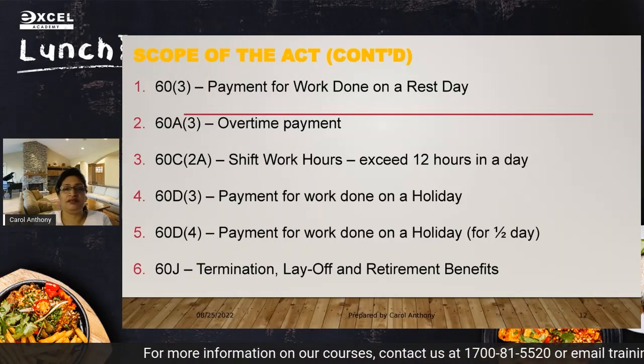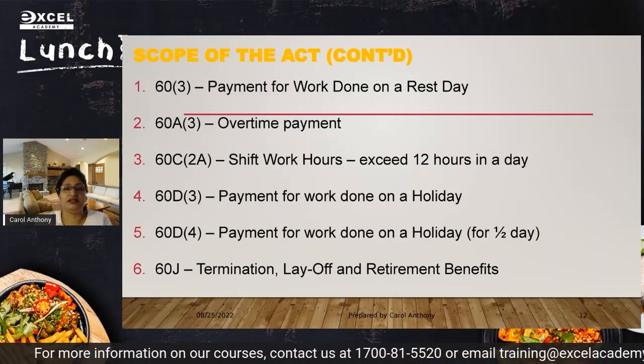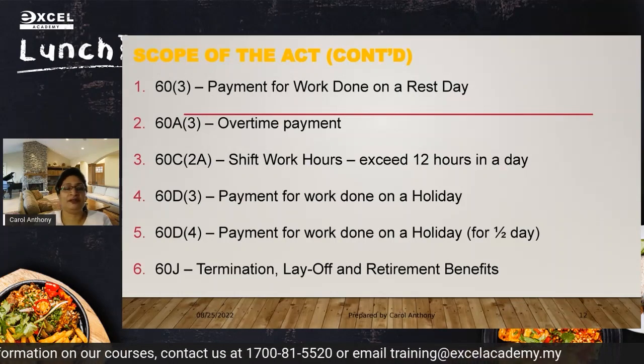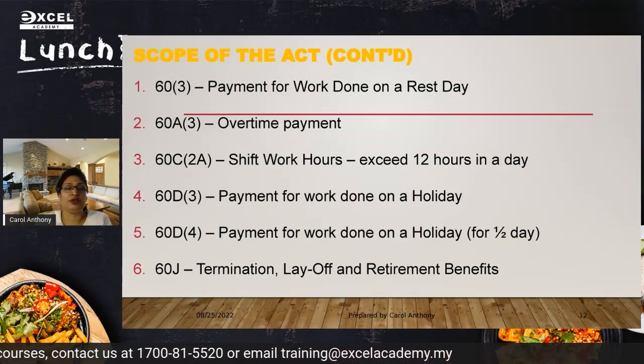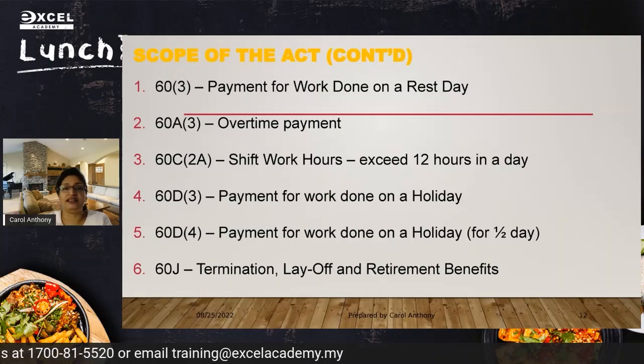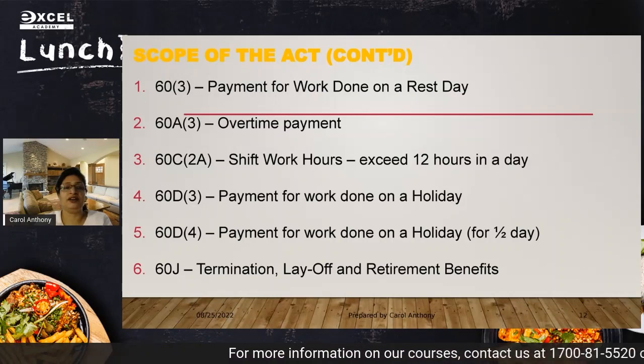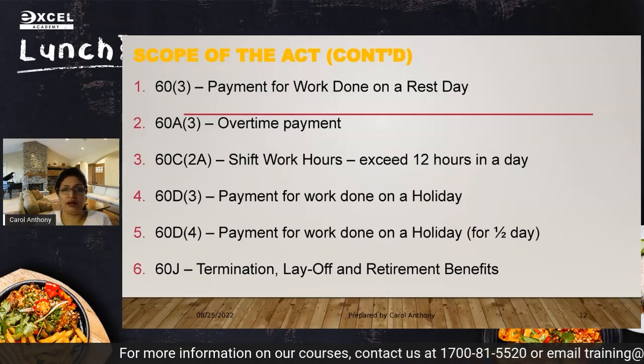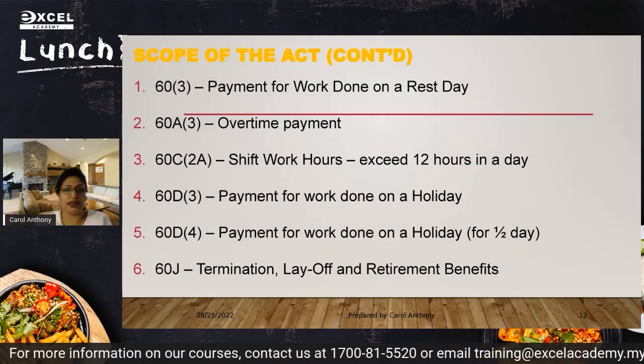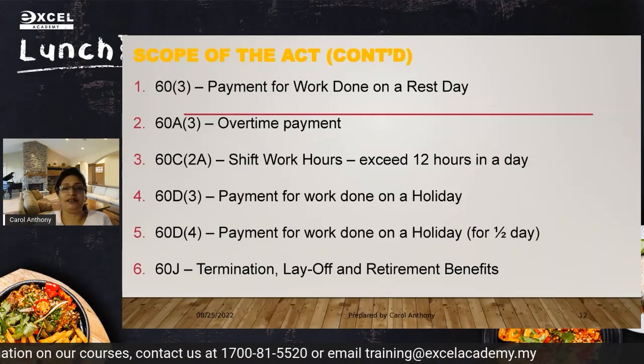Shift work hours. Usually shift work hours are confined to 12 hours a day. So if it exceeds, they are not included in these shift work rules. Same thing, number 4, work done on a holiday. If they come back to work on a holiday, you don't have to pay them the overtime. Number 5 is the same.